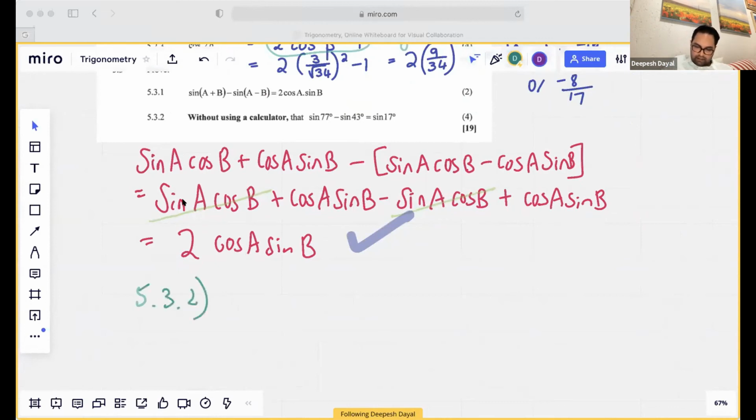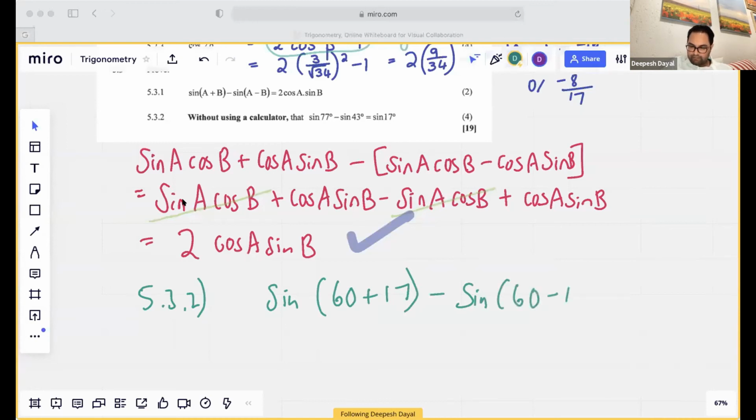We're going to say here, we've got sine 77, so that's going to be sine. We need to see how can we use special angles. So it will be 60 plus 17 minus sine 60 minus 17.